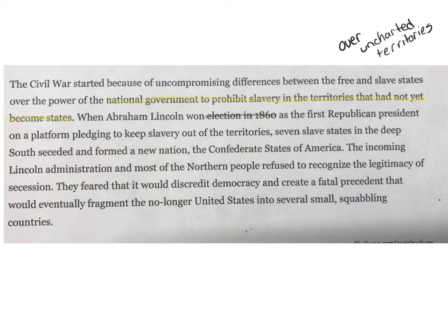In this last section, one of the main things that I want you to note is that in this whole part where it says the incoming Lincoln administration refused to recognize the legitimacy of secession, it really just means that the North didn't accept the CSA as separate.